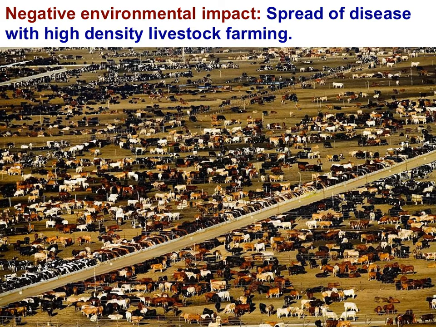Consider the negative environmental impacts of very high-density livestock farming: disease, smells, manure directed to local waterways that results in eutrophication. Industrial farms tend not to use the manure of animals, since manure is a potential output. Not using manure reduces the efficiency of the farm.